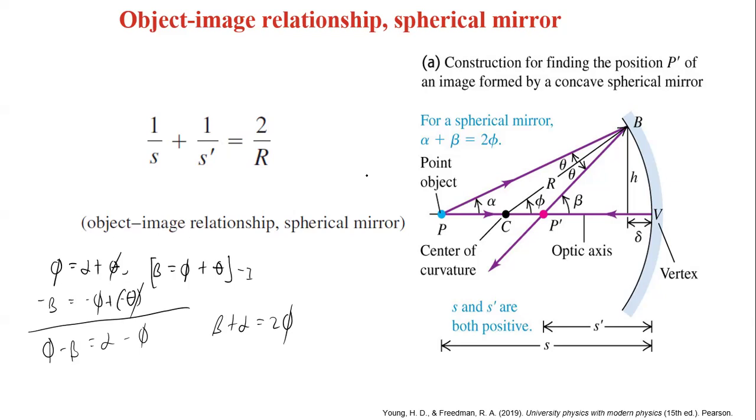So what's next? Now we know also that tangent of alpha is equal to the opposite, which is h, over the adjacent, TOA, opposite over adjacent. The adjacent is just the distance s plus this one.